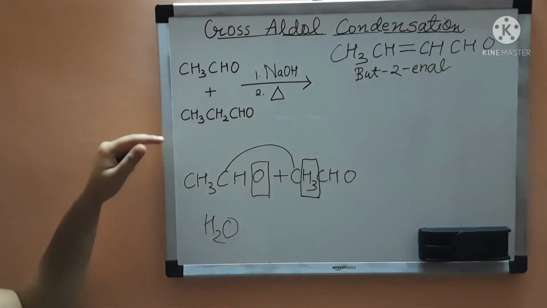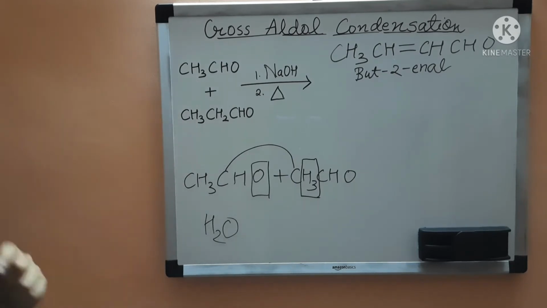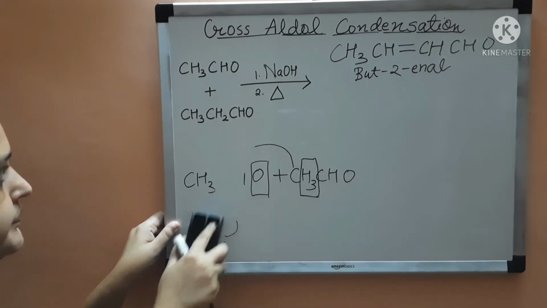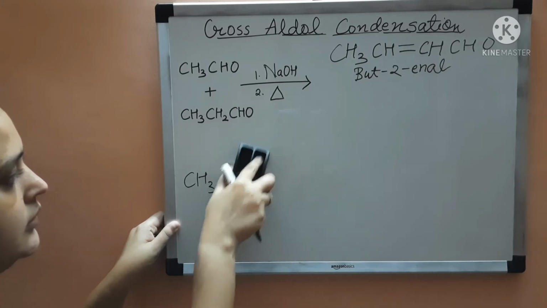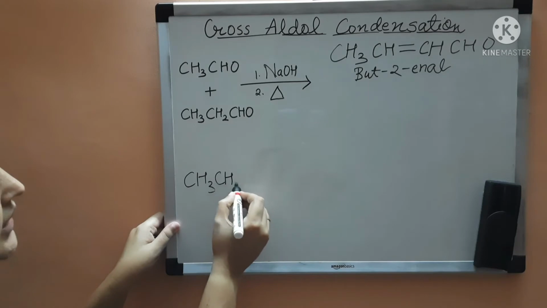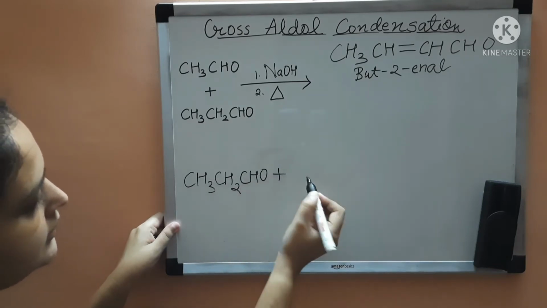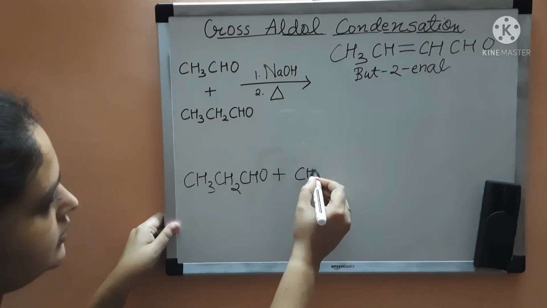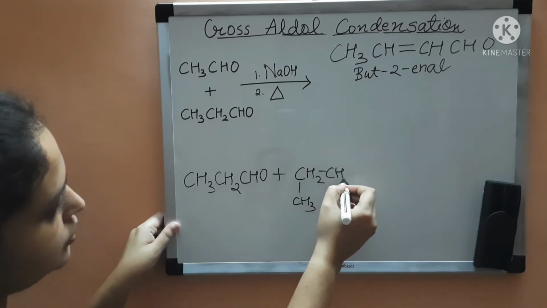The second product will be made by taking two molecules of propanal. I am again showing it here. We are taking two molecules of propanal, CH3CH2CHO and again CH3CH2CHO.